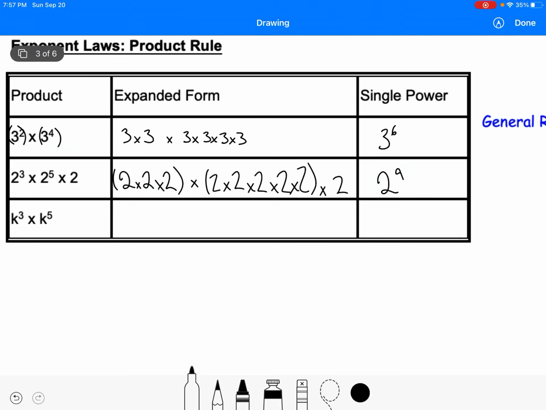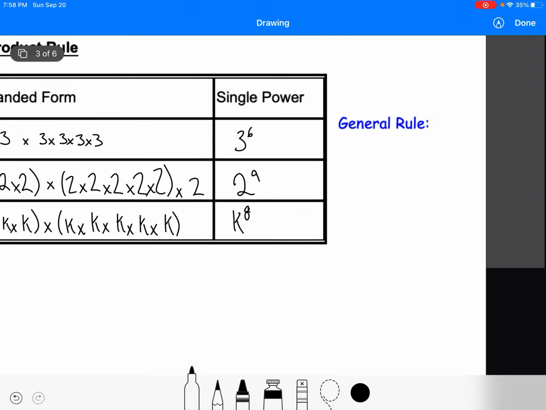We're writing these as one power. Okay, here we've got k times k times k times k times k times k times k times k. That's really hard to write, but it ends up just being that we have 8 k values. So k to the 8.